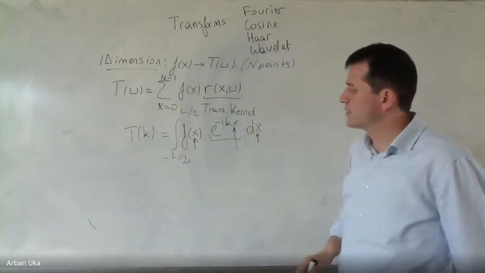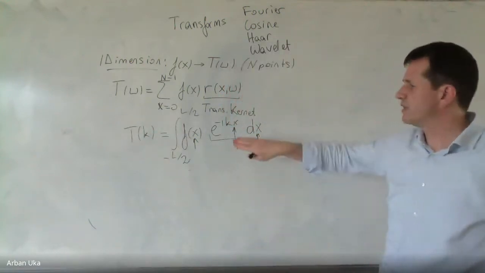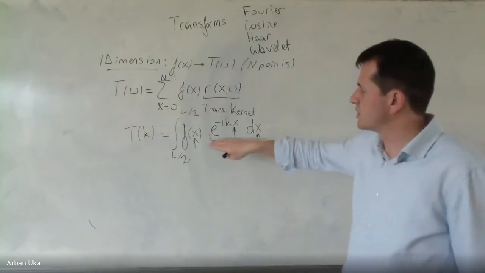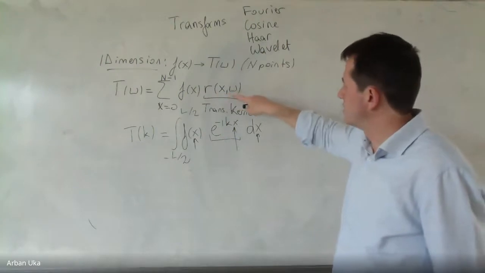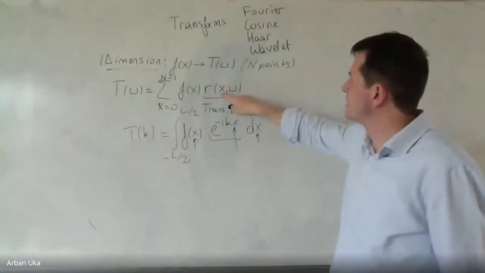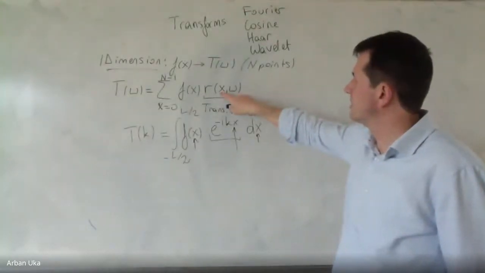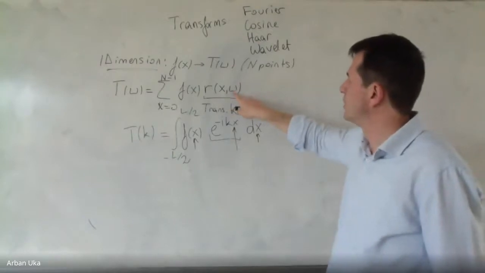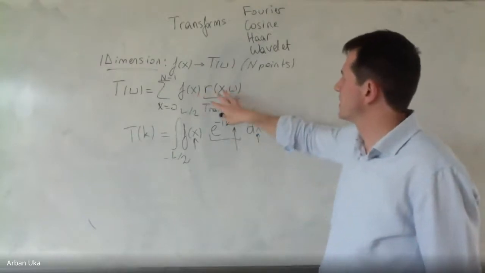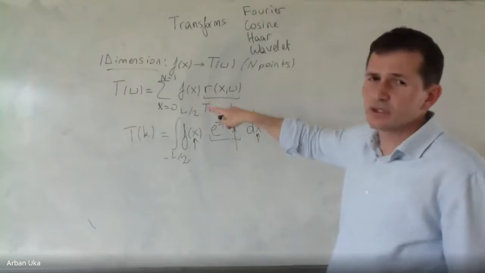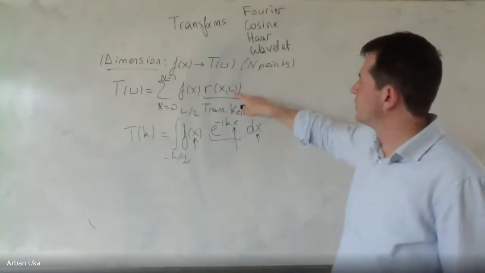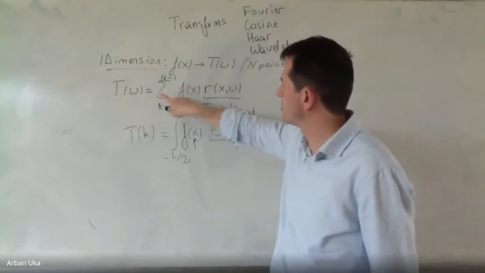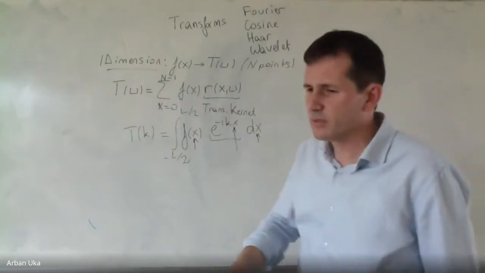So this is the analytical expression, which you have seen a lot. Now this transformation kernel r of x,u, you can see that these are the mixing terms. So this is an interchange of the terms of x and u, so that when the x is correlated or element-wise multiplied with this x, we will have only u as an outcome. Okay, so this is how it will come out.